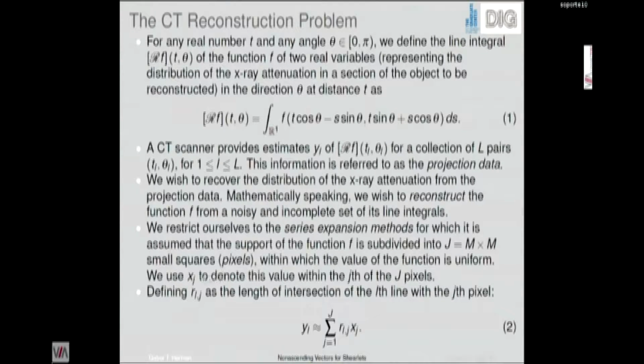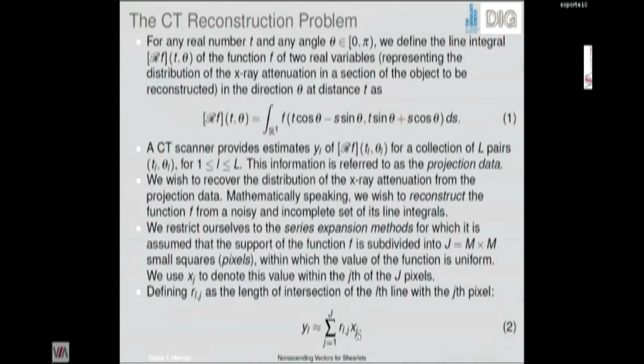And we use x sub j to denote the value within the jth pixel. Now, if you take r sub ij to be the length of intersection of the ith line with the jth pixel, that we know exactly, right? Because that is just calculating for a line which I know where it is, and the intersection of it with the square where I know what it is. So the r sub ij are known.